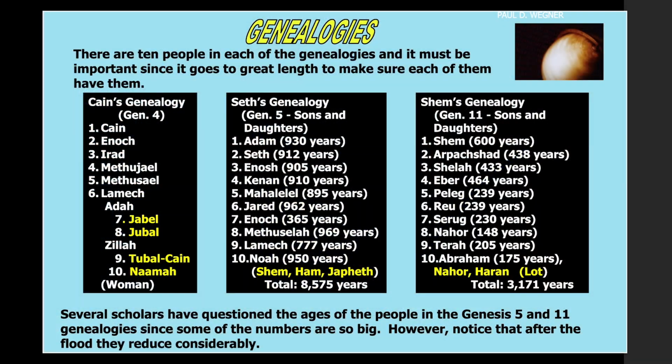Obviously, one other thing I should show you about this one. Do you see the guy named Peleg? Number 5 in Shem's genealogy. When you get up to 4 is Eber, and then Peleg is here. In this one there are 2 parts to it, and one of them goes to Peleg, and one goes to another person.